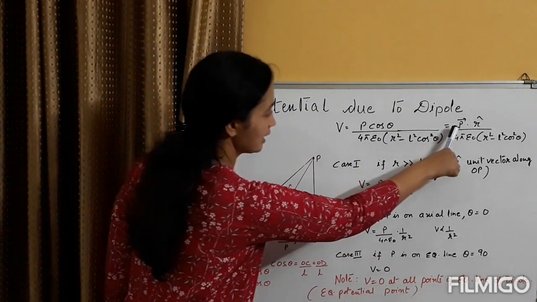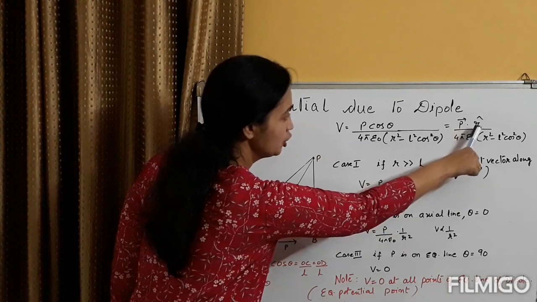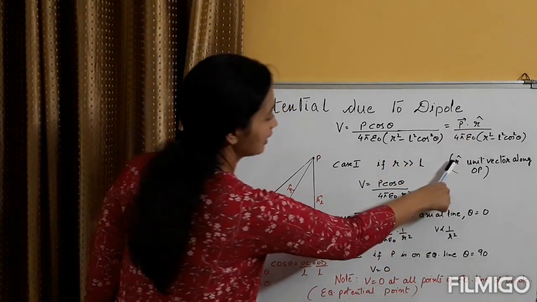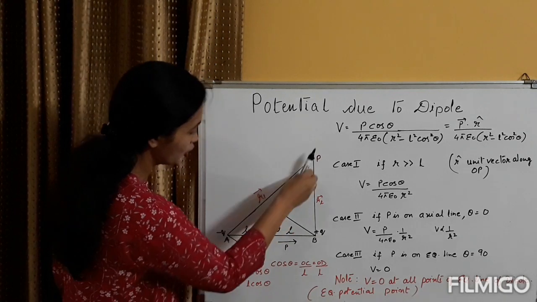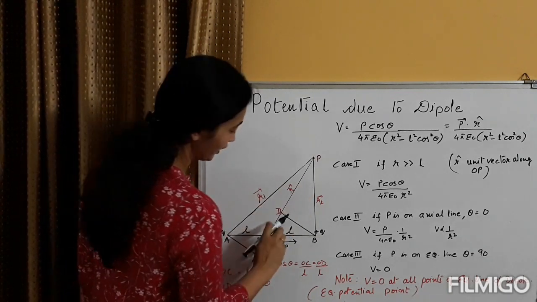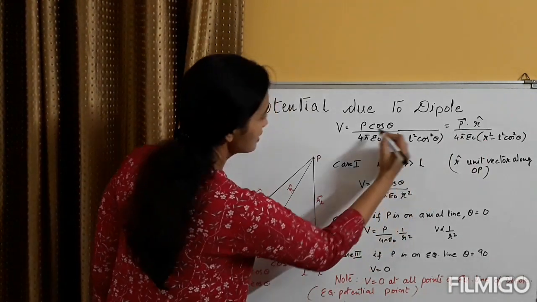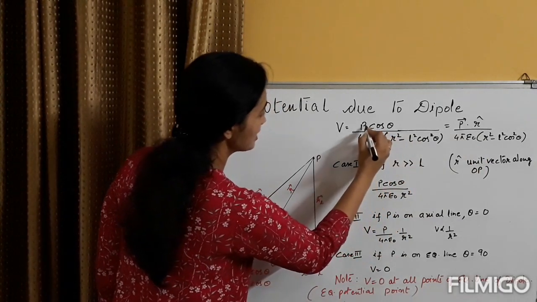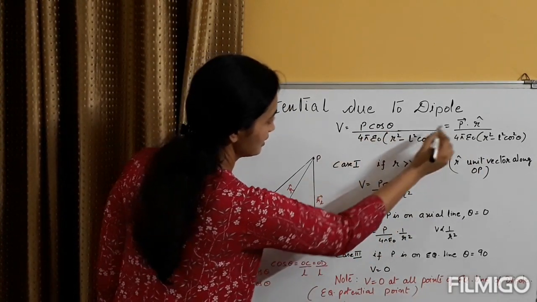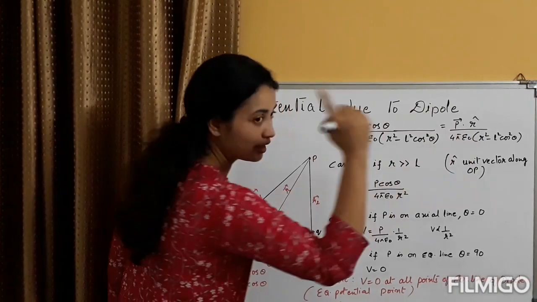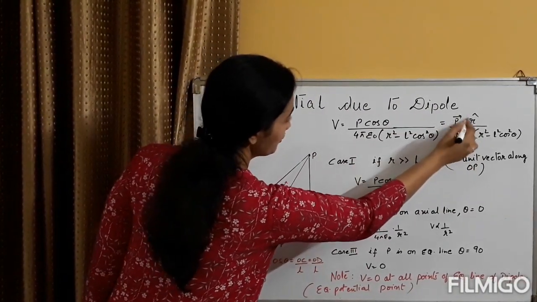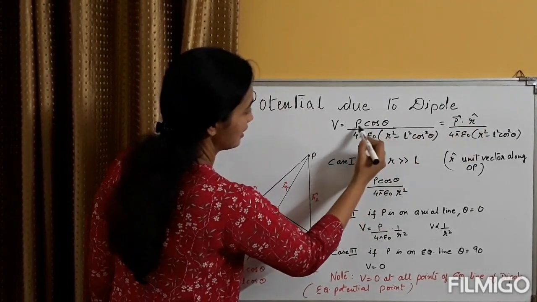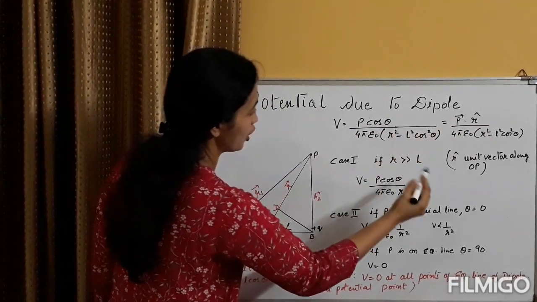Now P cos theta can be written as P vector dot unit vector. What is R cap? R cap is the unit vector along OP. This is OP, so it is the unit vector. R is the position vector and R cap is the unit vector. We have written it as P into 1 into cos theta. So P vector into 1, magnitude 1 is the unit vector, and the dot product of two vectors is expressed as a scalar, P into 1 into cos theta, that is P cos theta.